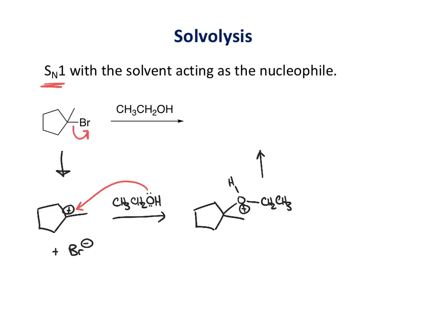This reaction is flooded with ethanol, so we can use that as a base, or a lot of times you just use B. Take the proton off. There's your product. Any questions on that?